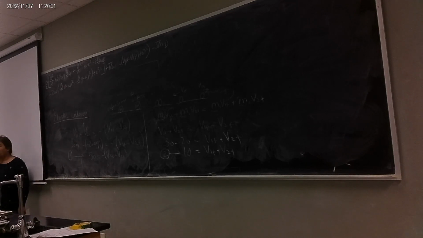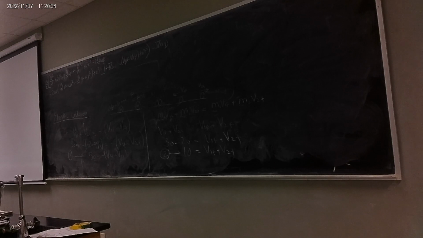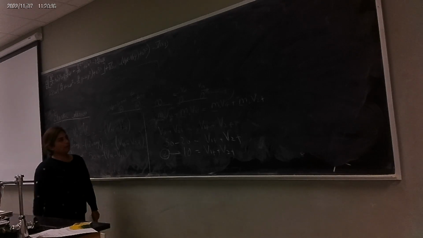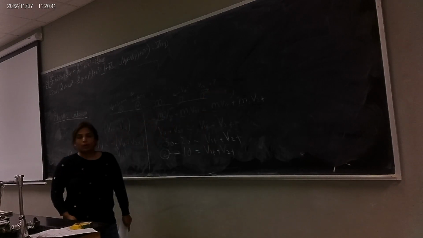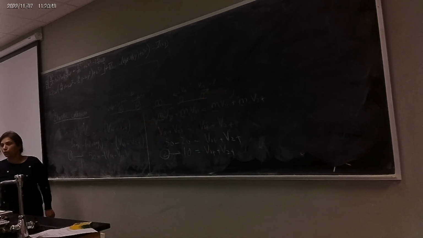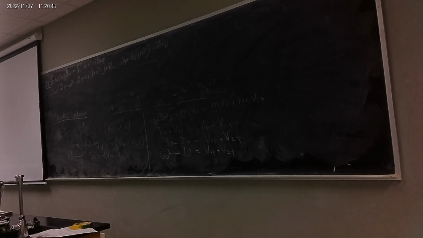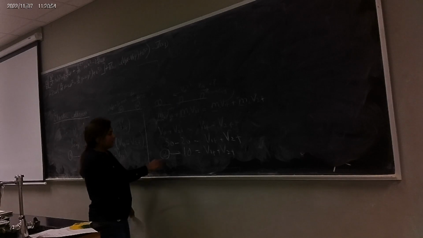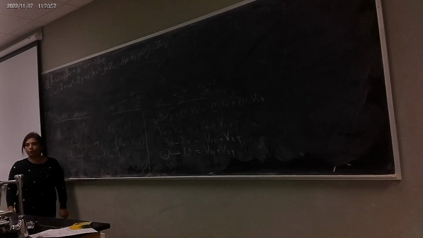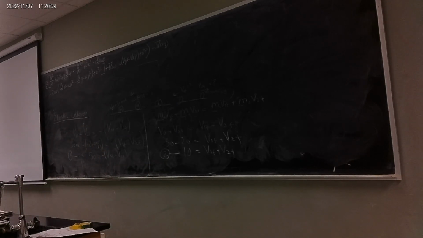How many equations do you need to solve for what we are looking for, the final velocity of the first ball and the final velocity of the second ball? So how many unknowns are there? 2. How many equations do you need? 2. You don't even need the third equation. If there are more unknowns, yes, you will have to go for the third one too. So can you solve these two together and get the answer for V1F and V2F? It's very, very easy to solve these two equations.